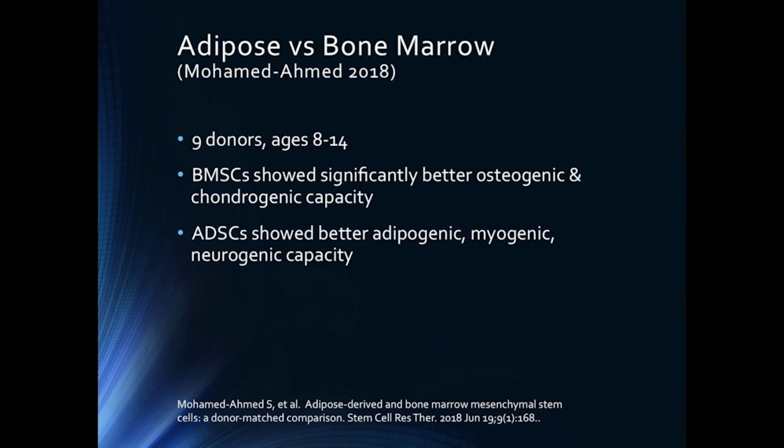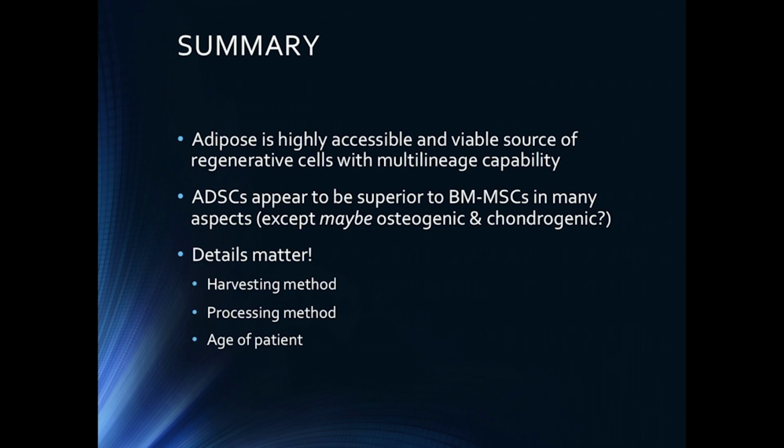Looking at adipose versus bone marrow, these were 9 donors between 8 and 14. This study did show that the bone marrow had better osteogenic and chondrogenic potential, but the adipose had better myogenic, so that's muscle, neurogenic, and adipogenic potential. And so really great opportunities. Adipose is highly accessible. In the workshop yesterday, we showed you how easy it is to harvest the adipose.